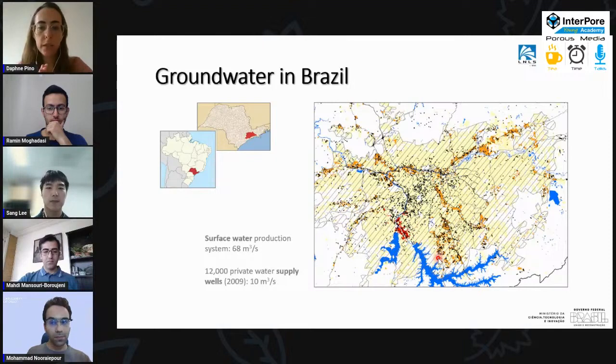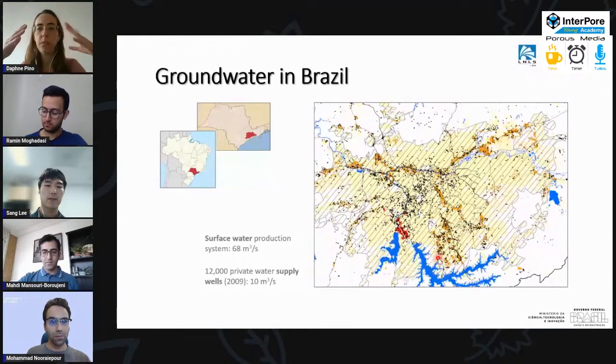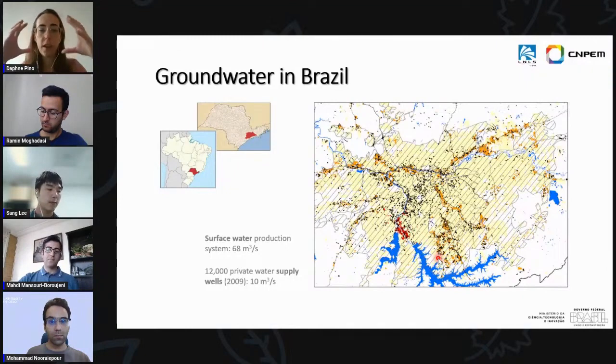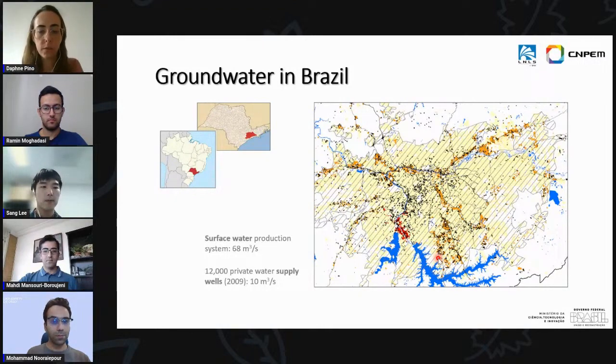Because when you do this in an industrial area, as you're exploiting groundwater, you're lowering the water level in your aquifer, and you're probably bringing any contaminant spills, any plumes of contamination that you have on the surface, downwards with your water level, contaminating other levels of your soil, and probably spreading this contamination through your aquifer.